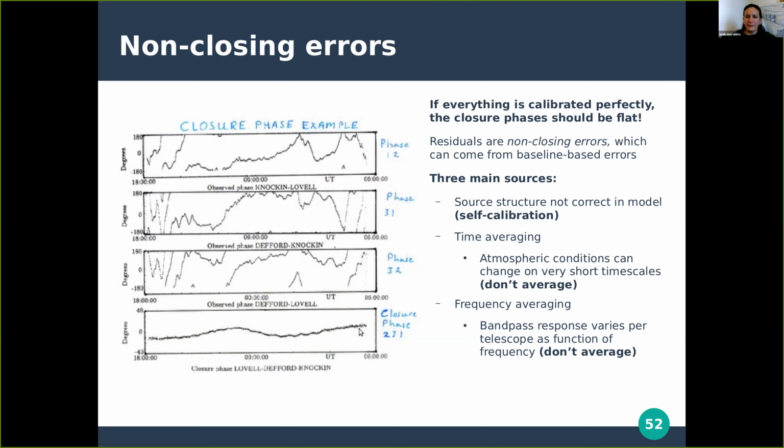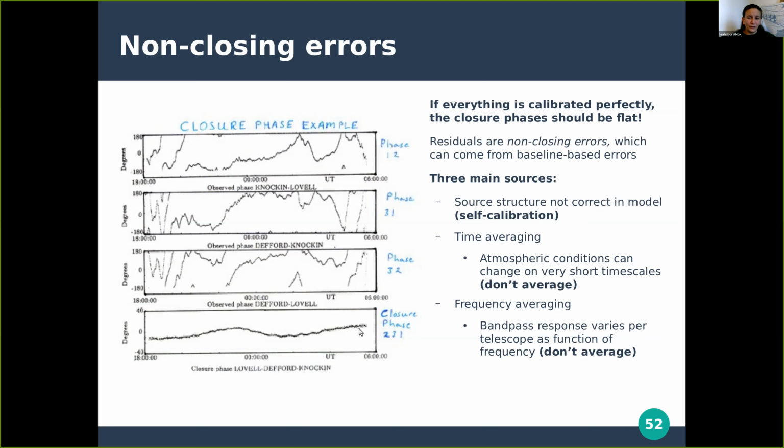Well, they can come from baseline-based errors, and there's three main sources of this. So the first one is that your source structure is not correct in the model. And to correct for this, you really need to do self-calibration, which is covered in a different lecture. You can also get non-closing errors from time averaging.